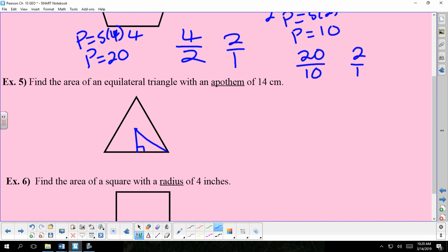So my apothem is 14. And remember, if I want to use that formula for a regular polygon, what I need to do is figure out the side length so I can therefore calculate the perimeter.